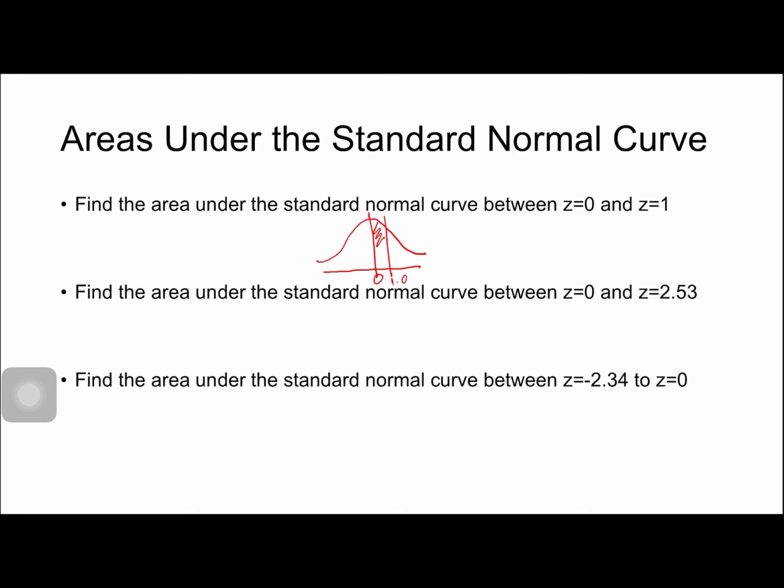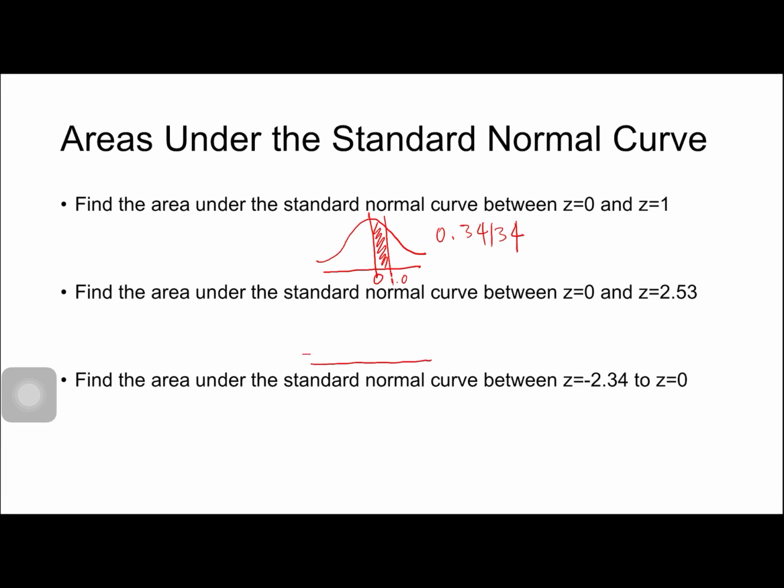So we have here 1. I'm looking for this area. So simply choose number 2 or Q in your calculator. So we have there Q of 1, we have 0.34134.